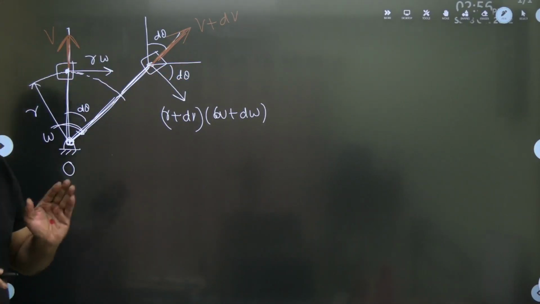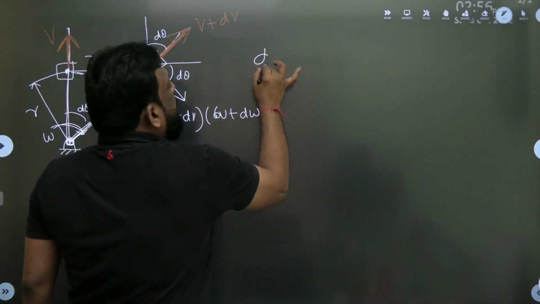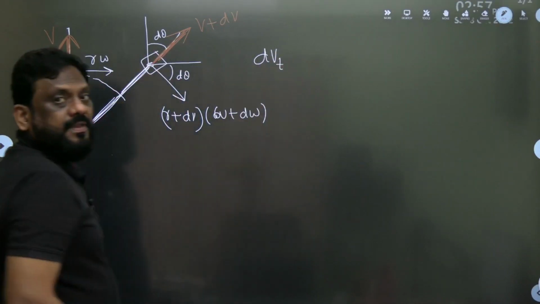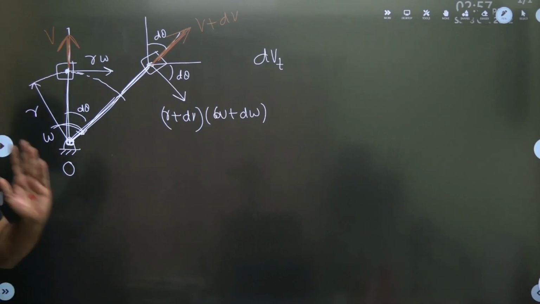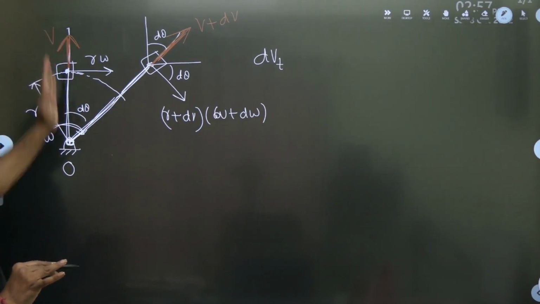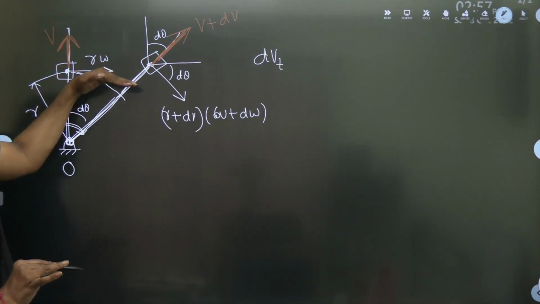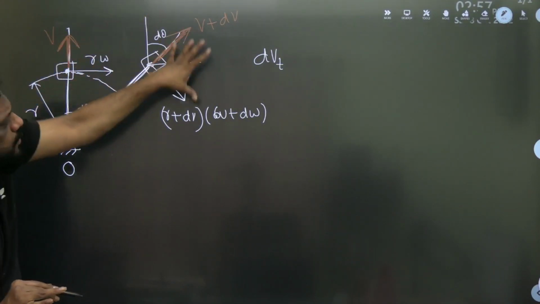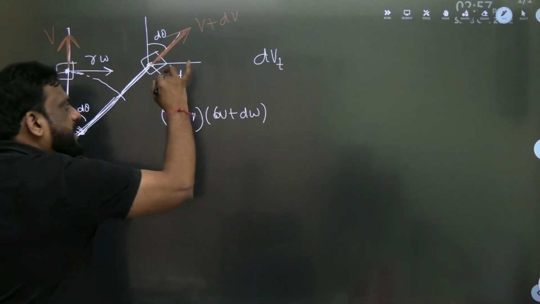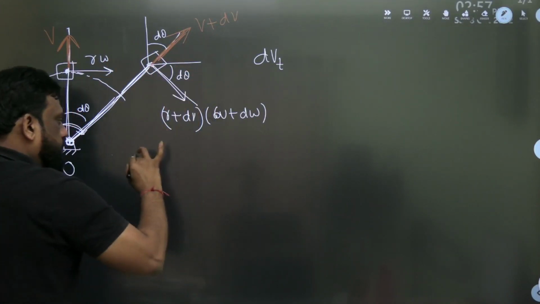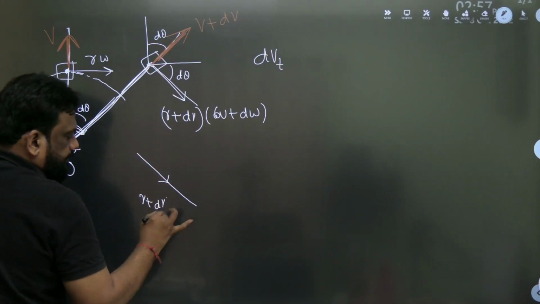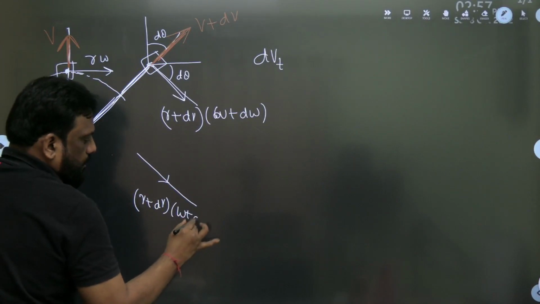Now, let us try to find out what is the change in velocity in the tangential direction. What do we mean by tangential? Change is always with respect to initial. Initially, the link is like this. This is the tangential direction. So with respect to this, let us find out the change in the velocity in the tangential direction. So dear students, if you observe clearly, I am writing this: r plus dr into omega plus d omega.